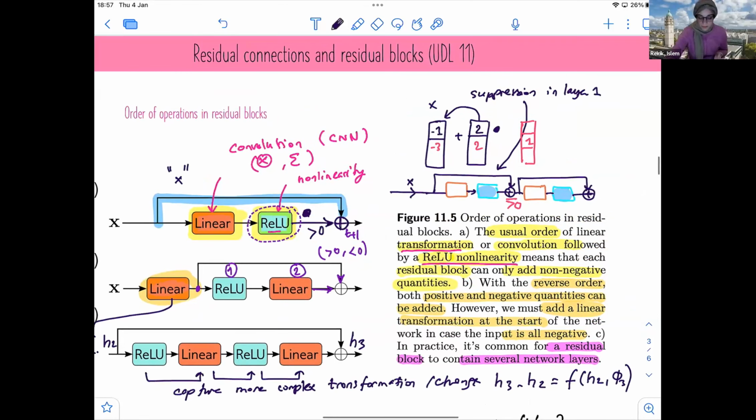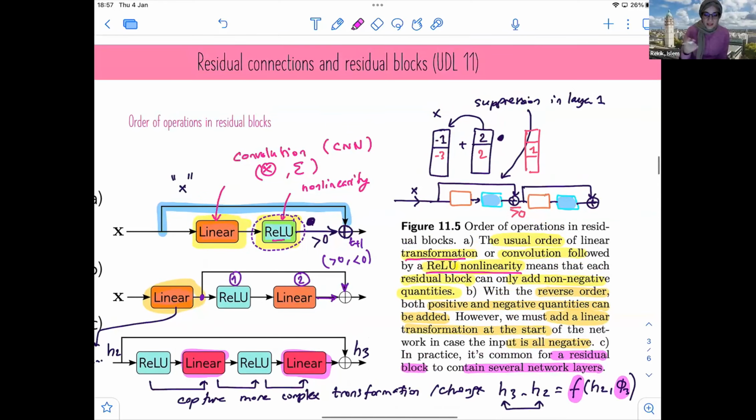So we want to learn a complex F parameterized by phi3. Phi3 has all the weights in these two linear layers plus the biases. You don't want to capture a simple or reductionist kind of change. You want to capture a complex transformation from H2 to H3. So you stack up these nonlinearities and linear transformations.